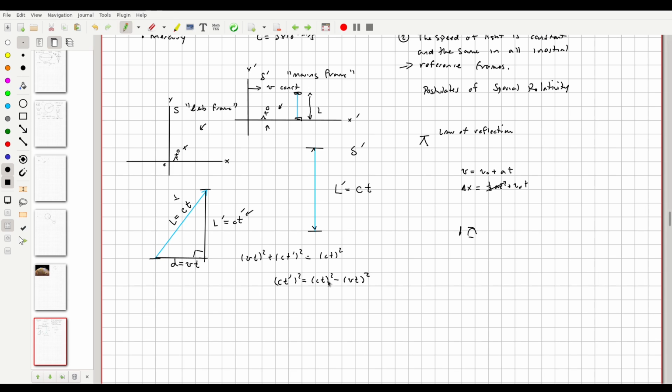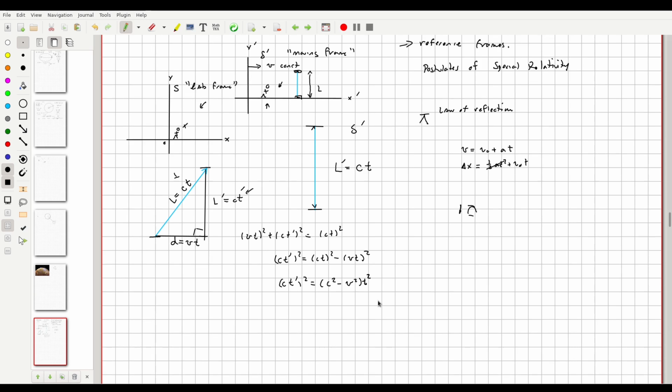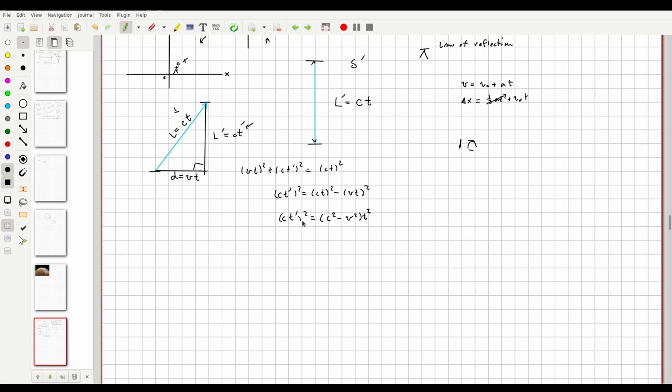Now I'm going to pull the t squareds out. And now I'm going to divide both sides by c squared. I'm going to take the square root of both sides and move this over here under that.